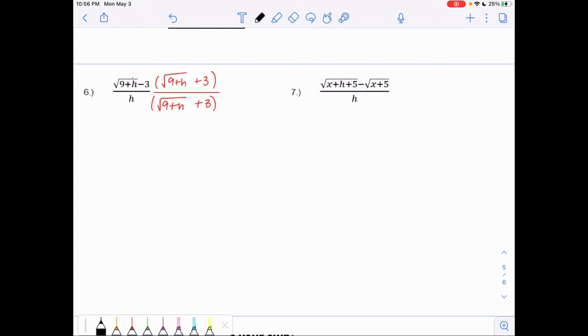Let's just focus on first term times first term and last term times last term. Those are the conjugates. So on top, I now would have 9 plus h and then minus 9, all over your denominator, which we're going to keep in factored form again.